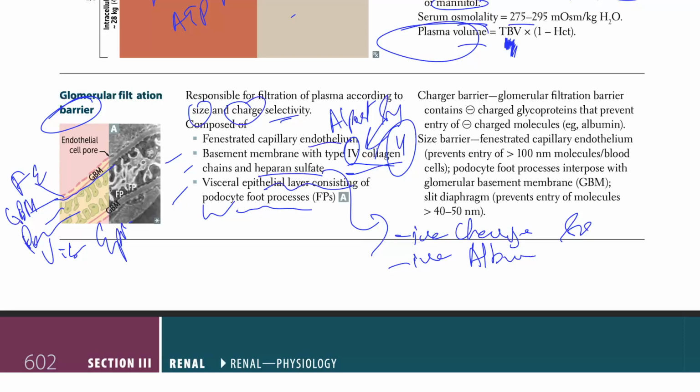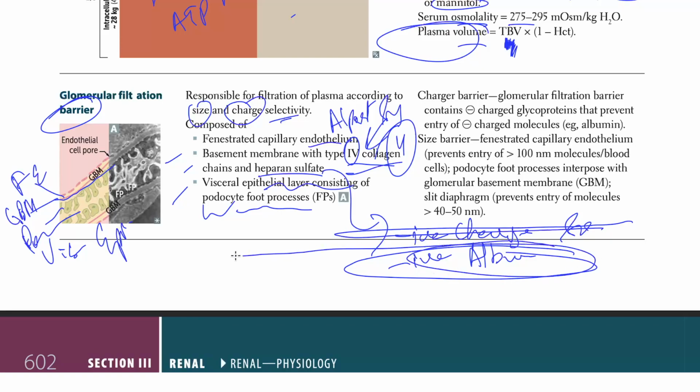Albumin. They are going to repel each other, right? But if you lose your heparan sulfate, you have no more negative charge. Guess what? Albumin goes into the urine, causing albuminuria, right?